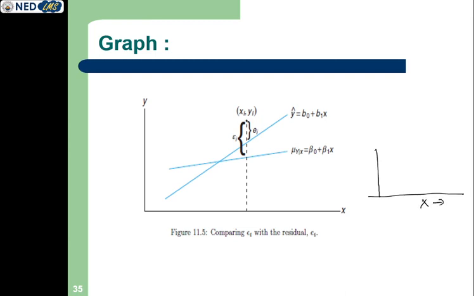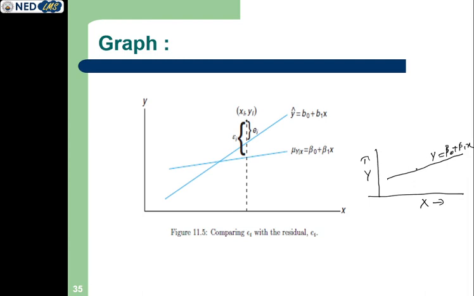Take values of x on the x-axis and values of y on the y-axis. Now plot a simple straight line. Suppose this is the equation y is equal to beta naught plus beta 1 x, the population linear regression model.